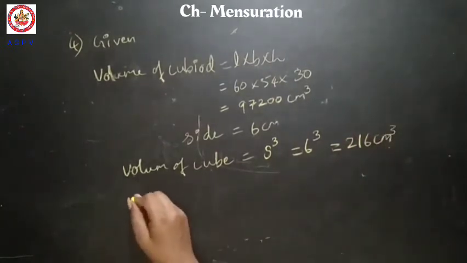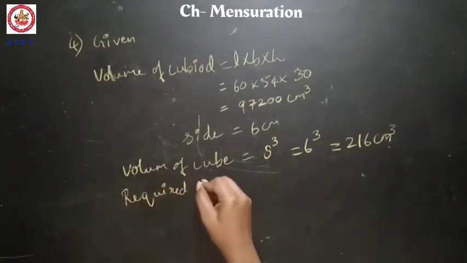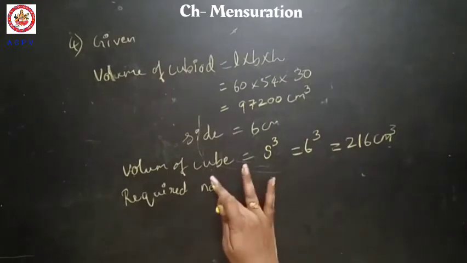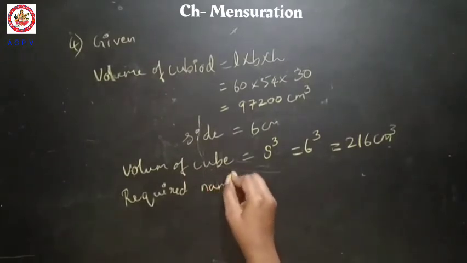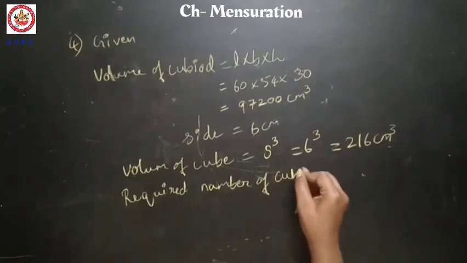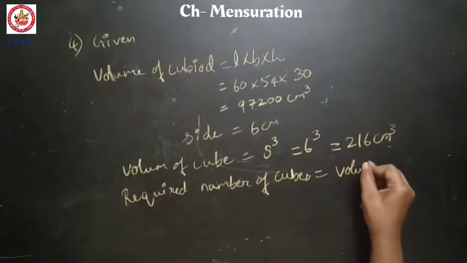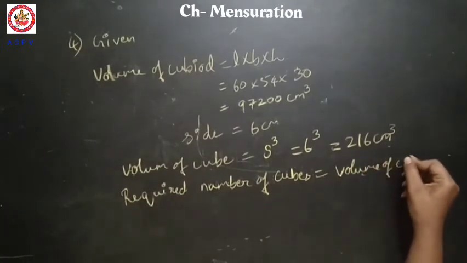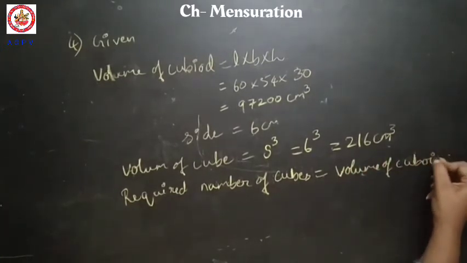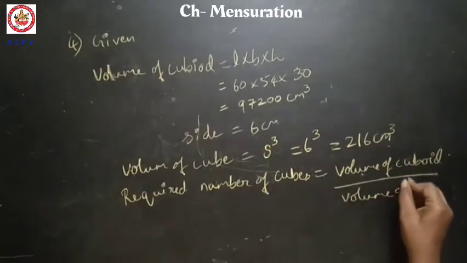Now the required number of cubes is equal to the volume of cuboid divided by the volume of cube.